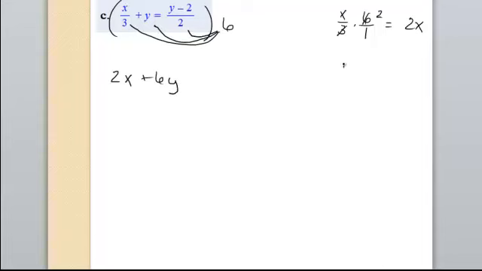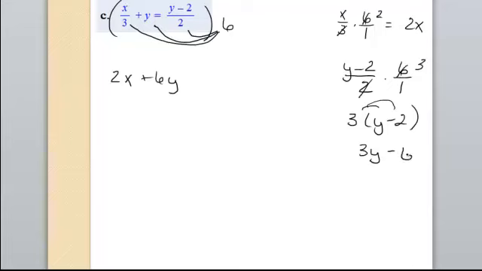And then you multiply these two: y minus 2 over 2 times 6 over 1. 2 will go into 6 3 times, and you're left with 3 times y minus 2. If you distribute that, you get 3y minus 6. So that is equal to 3y minus 6.